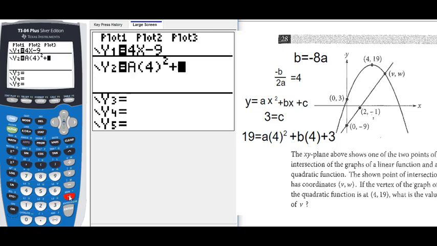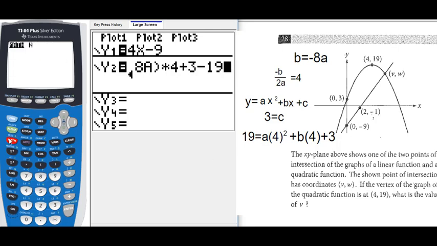Then plus, b will be negative 8, so I will do the negative 8, then it's alpha a. Then parenthesis times 4, then plus 3. Make sure you minus 19, because I want to set up like equal to 0.